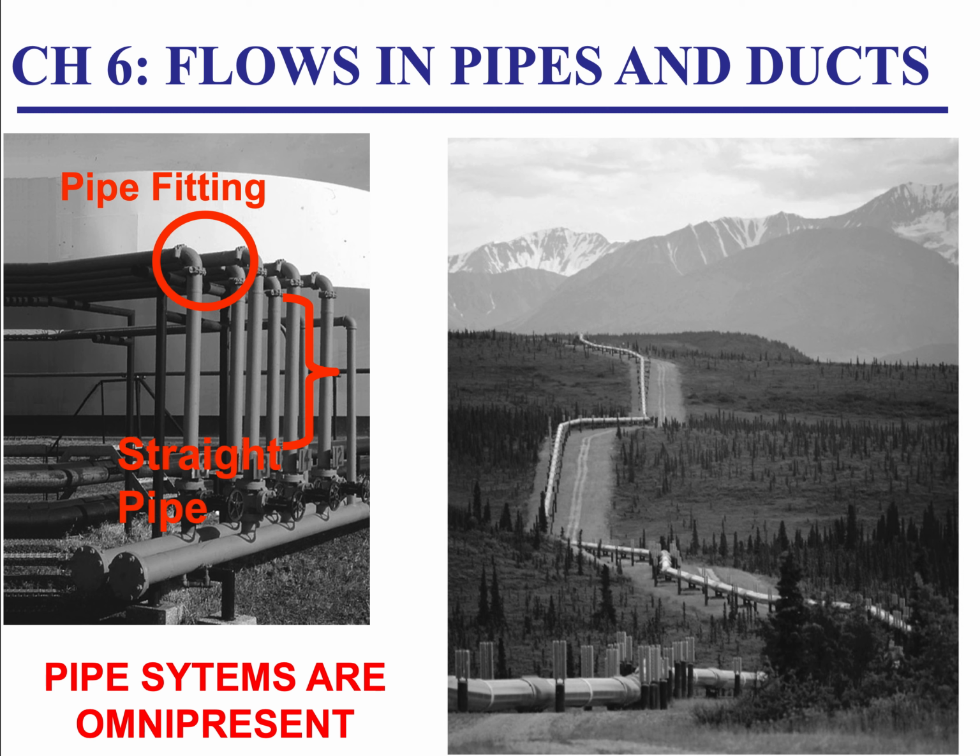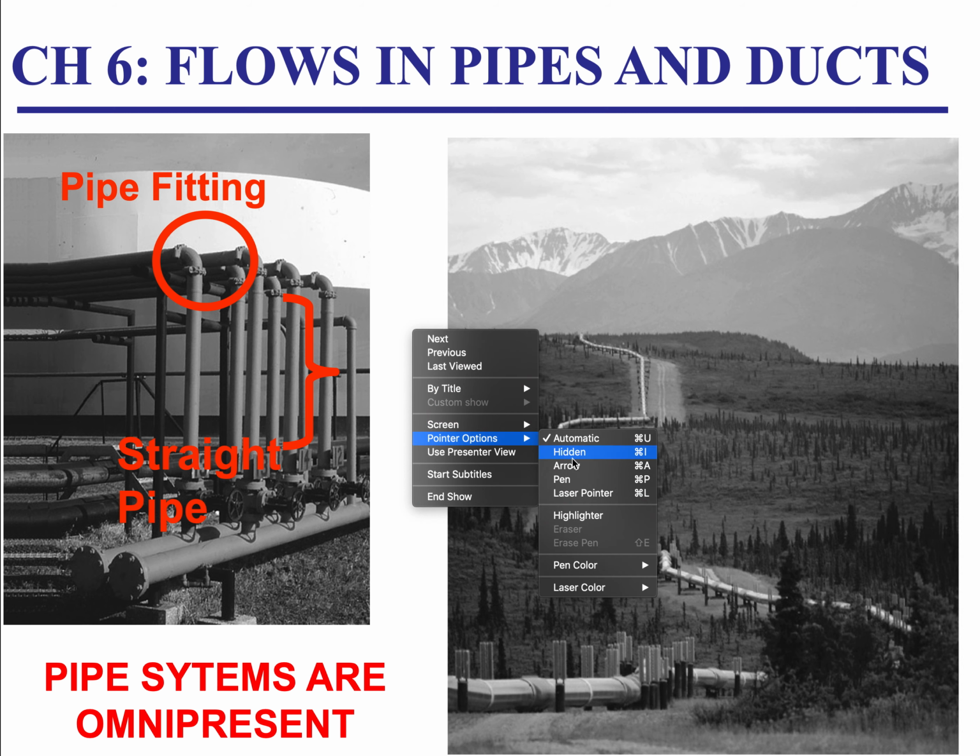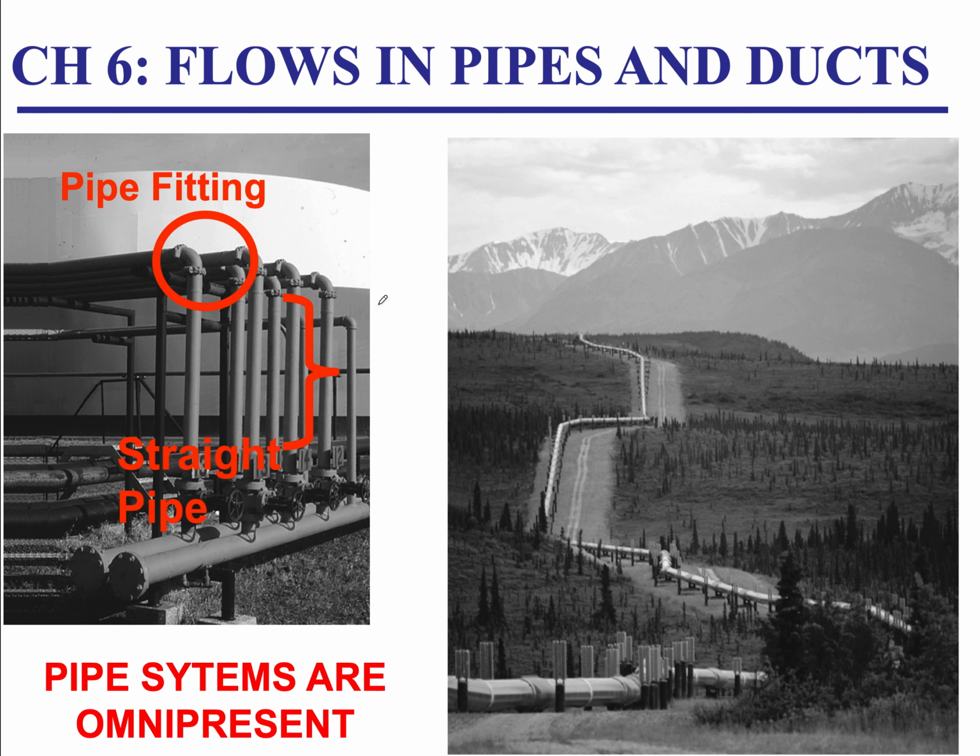So piping systems are everywhere. They're in all types of industrial processes, as you can see in this figure. The air that you breathe goes through the respiratory ducts to your lungs, and the blood that is being pumped from your heart to the organs goes through an intricate and complicated piping system.